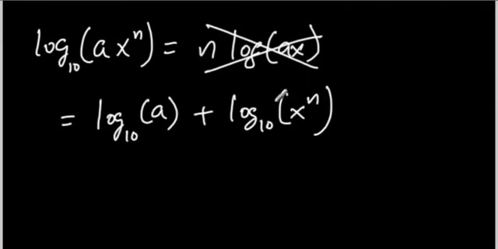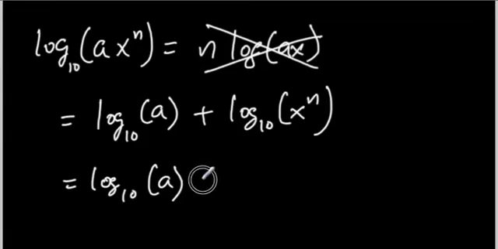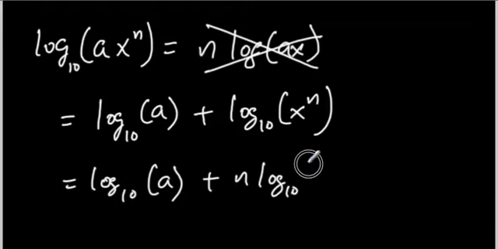Now, if we want to bring this n down, we can do so. So this is log base 10 of a plus n log base 10 of x. I hope that was helpful in explaining that.